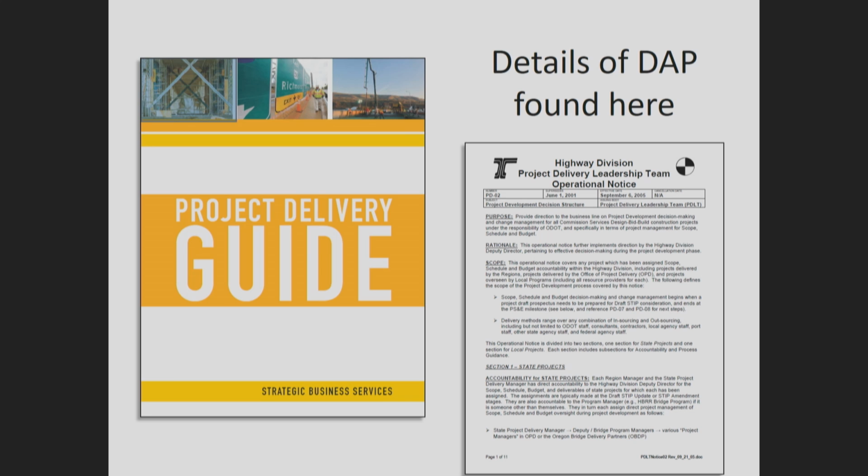Another location for good information is the Project Delivery Guide, which is a fairly new document. I think that came out in 2017, 2018. So if you haven't had a chance to look through that document, I'd encourage you to take a look. That's another place that you can find information.